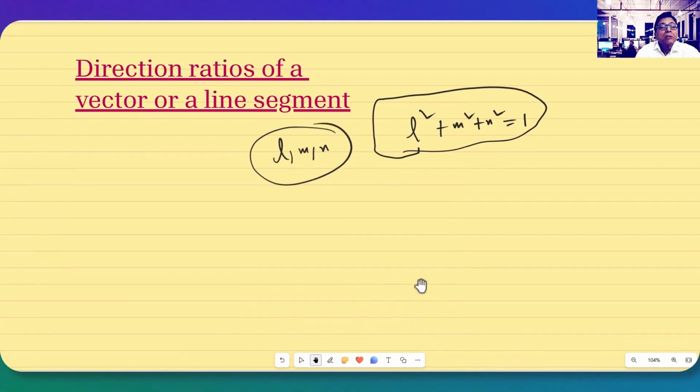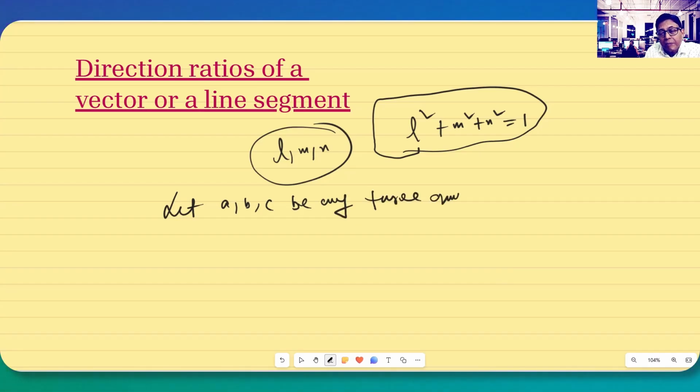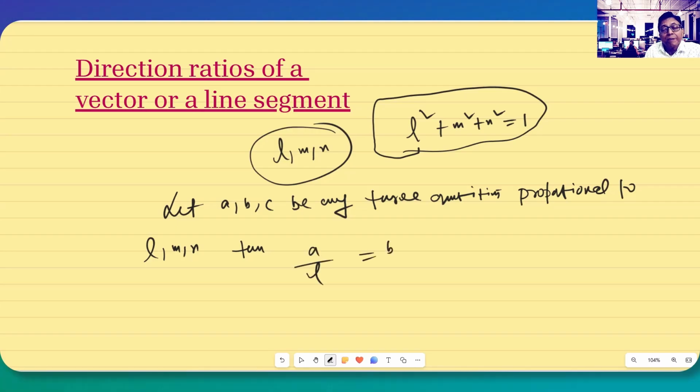Now, what are direction ratios? Let A, B, C be any three quantities proportional to L, M, N. Then A by L is equal to B by M is equal to C by N, because they are proportional. This is the definition.